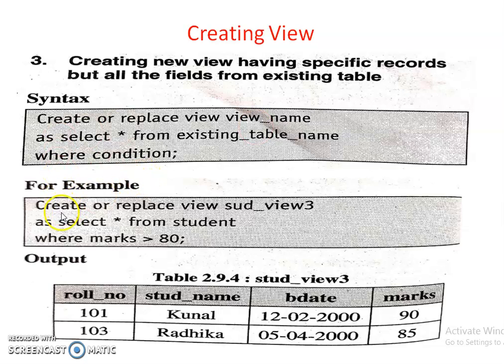See here the example: CREATE OR REPLACE VIEW student_view_3 AS SELECT * FROM student WHERE marks > 90. It means that those students having marks greater than 90 are shown in this table: roll number, student name, date of birth and marks. So there are two students displayed having marks greater than 90. See here, Kunal and Radhika.